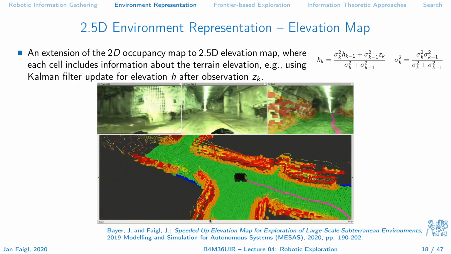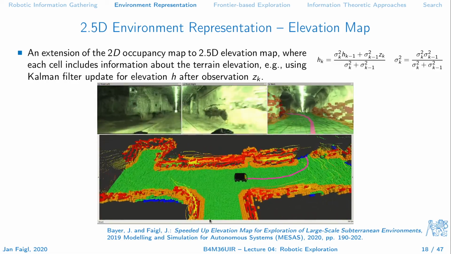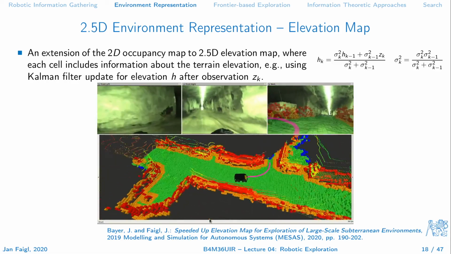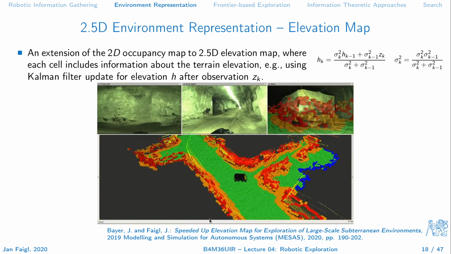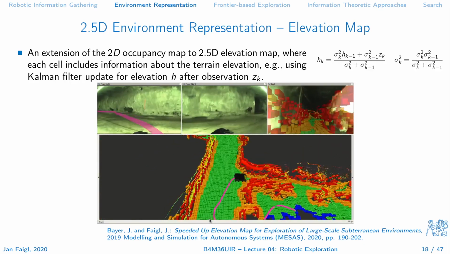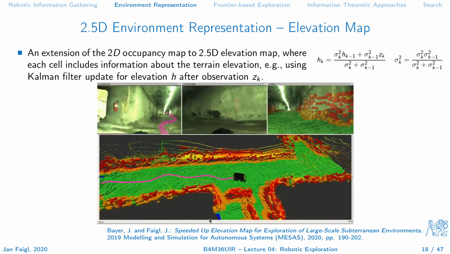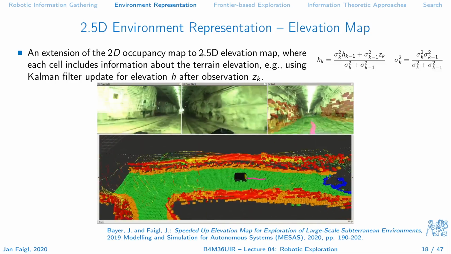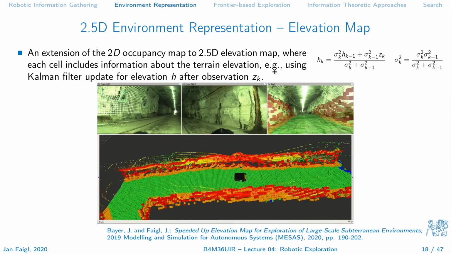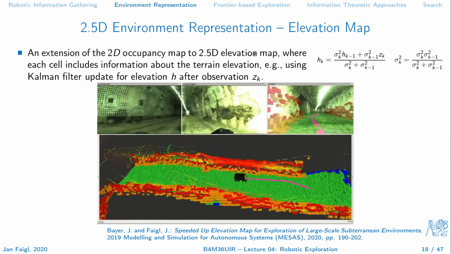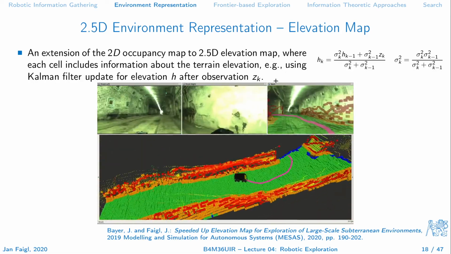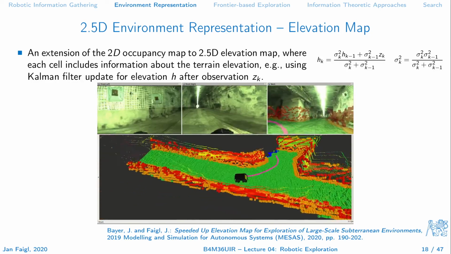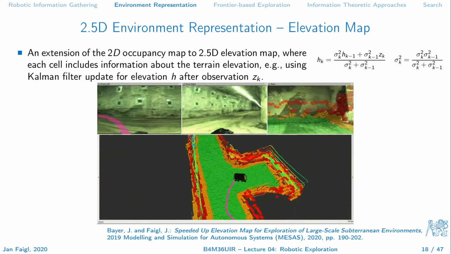For passing the obstacles, we can rely on the fact that the robot is always on the terrain, and we need to consider what the elevation is. So you can consider this 2.5D elevation map. In this approach, we consider a Kalman filter to update the elevation after each observation.